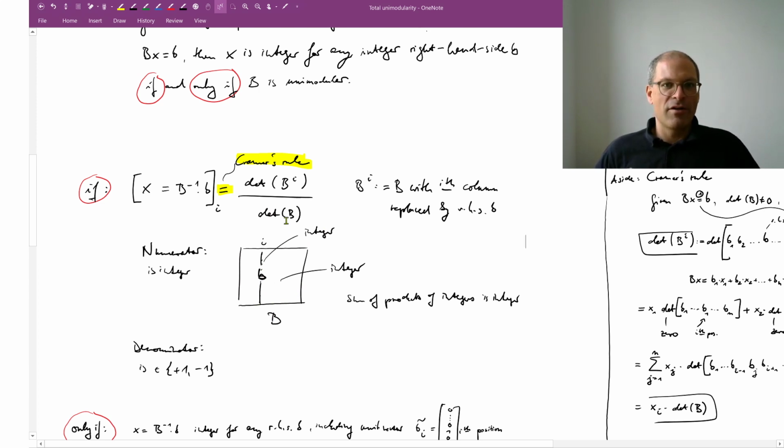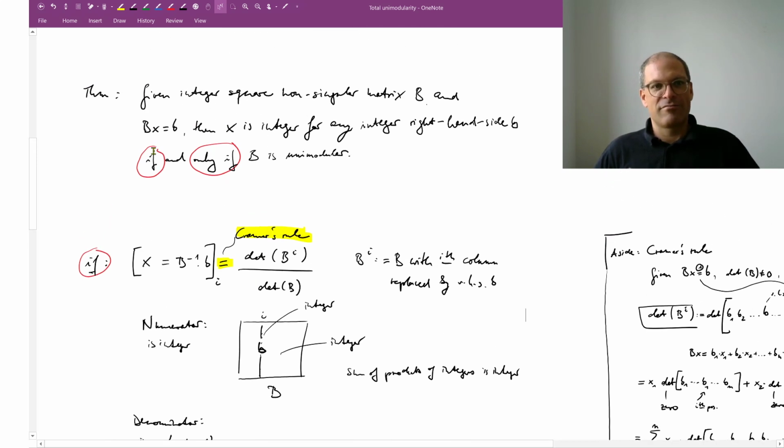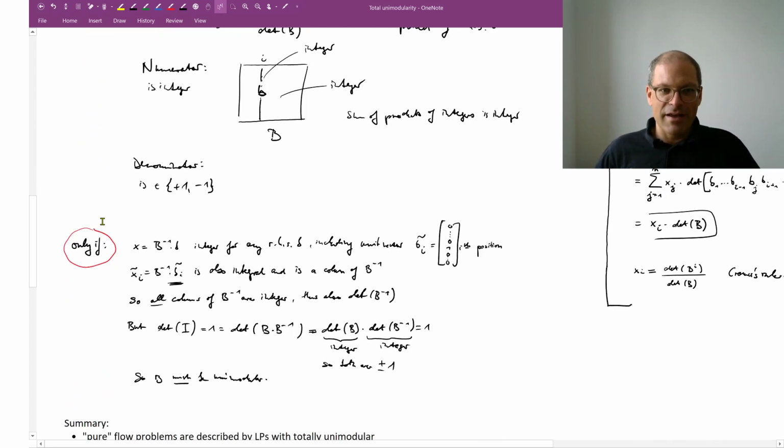The denominator, well, we said that B is unimodular, so by the definition of unimodularity, we know that the determinant is either +1 or -1. So in other words, we're going to divide an integer number by either +1 or -1, which is an integer number, and hence this is enough to show that x will be integer for any integer right-hand side b and unimodular matrix B.